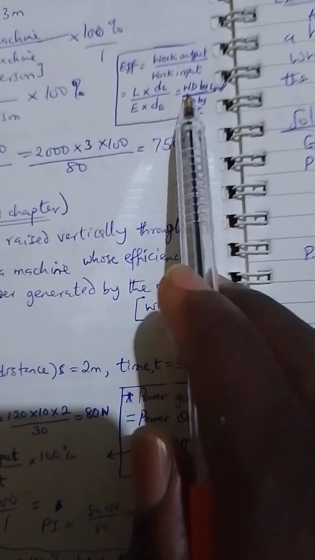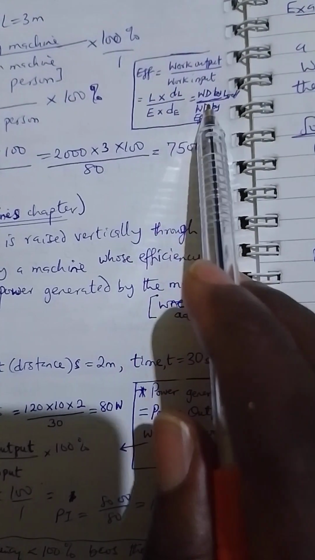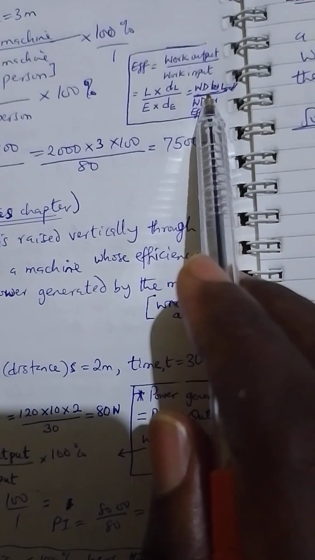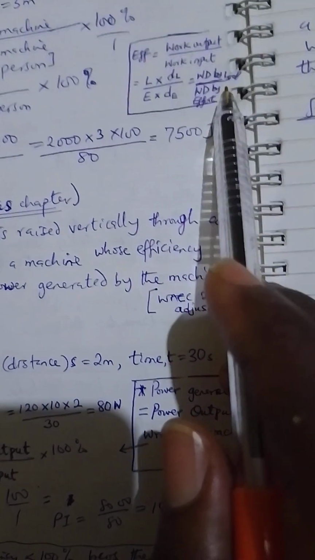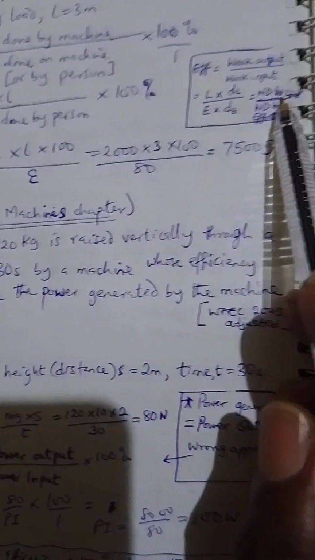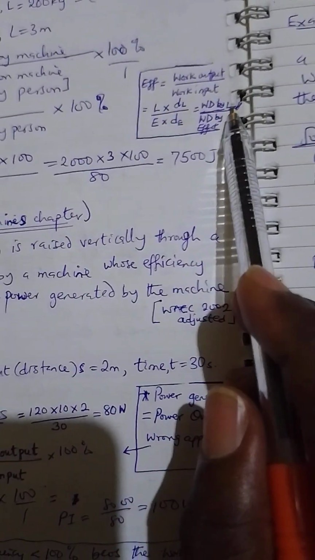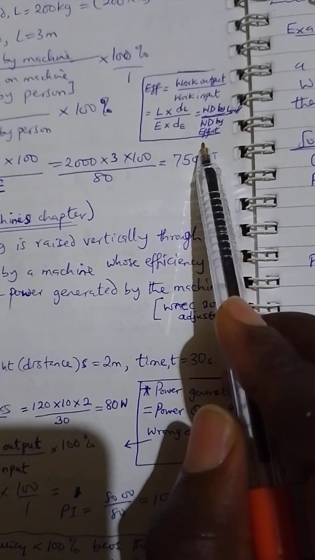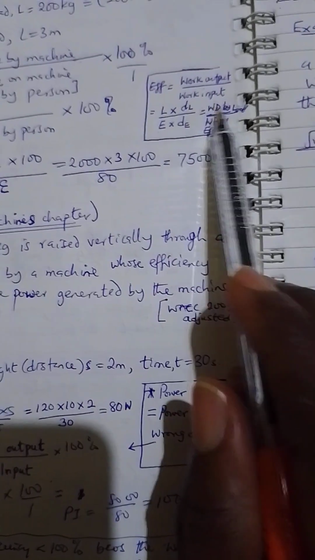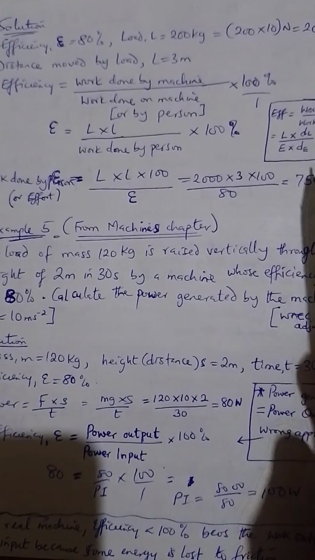Efficiency can also be expressed as work done by the load all over work done by the effort, or work done on the load over work done by the effort. So take note of these formulae.